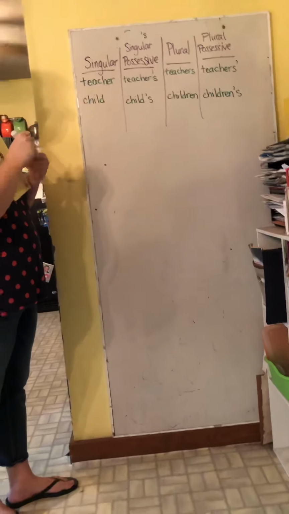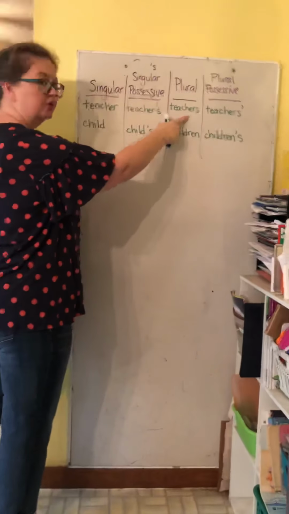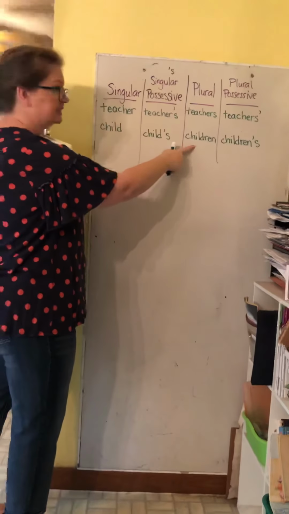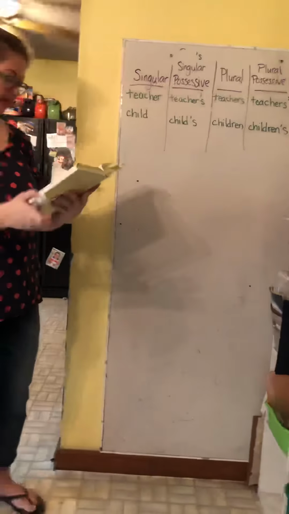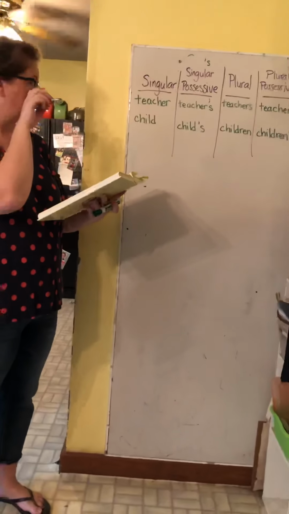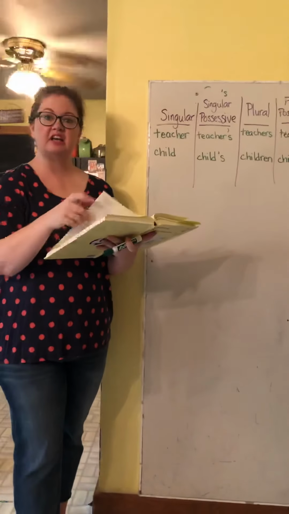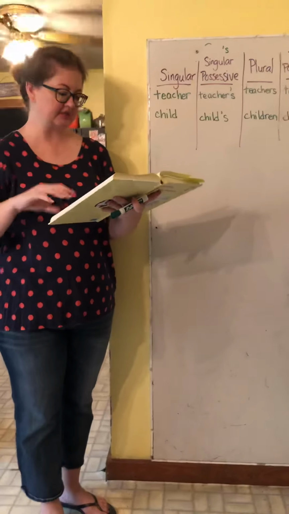So the only time I add my apostrophe after my S is if the plural form ends with an S. Otherwise, I take my plural form and I add my apostrophe S, okay? All right, so possessive nouns, possessive adjectives allow us to tell who something belongs to, and it kind of shortens our sentence a little bit.